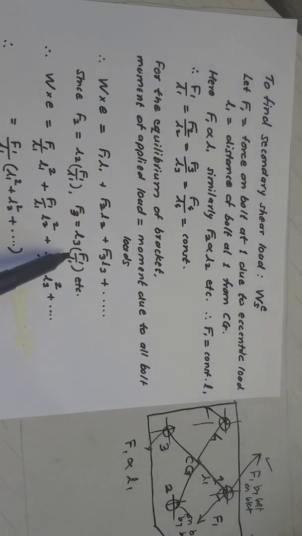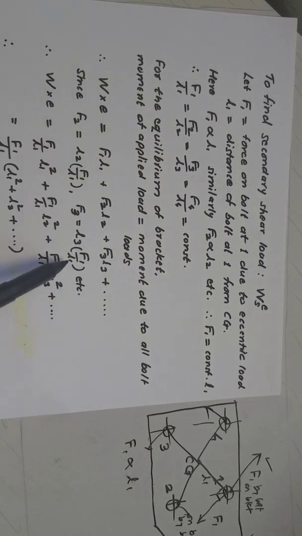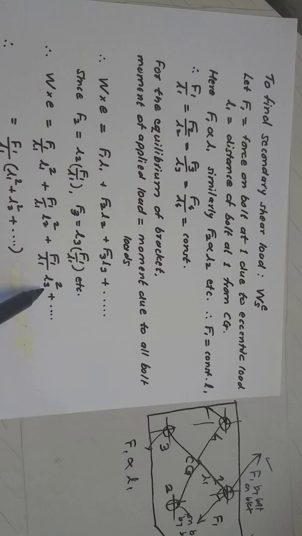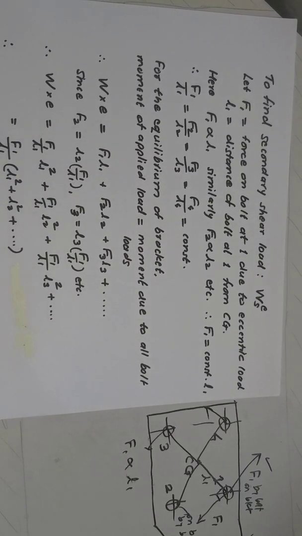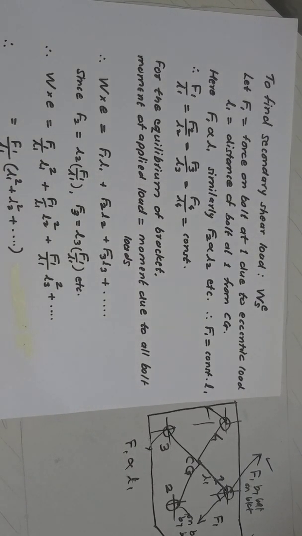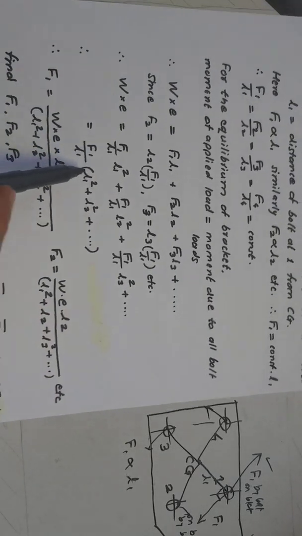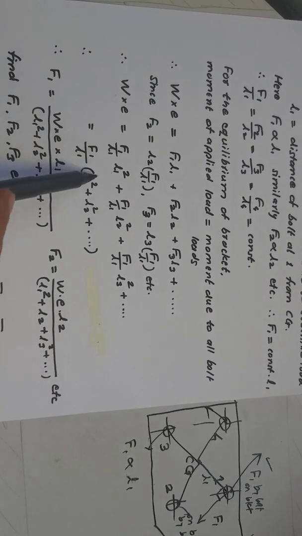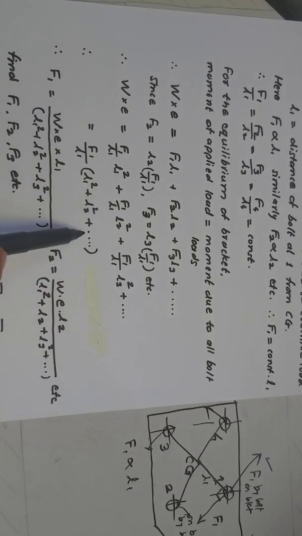When you replace F3 by this, it again comes F1 upon L1 into L3 into one more L3, so L3 square. At this place also, F1 upon L1 into L1 square. So this becomes the modified equation. When you take F1 upon L1 common, what remains is L1 square plus L2 square plus L3 square, etc. So W into E is equal to F1 upon L1 into the bracket L1 square plus L2 square plus L3 square, etc.